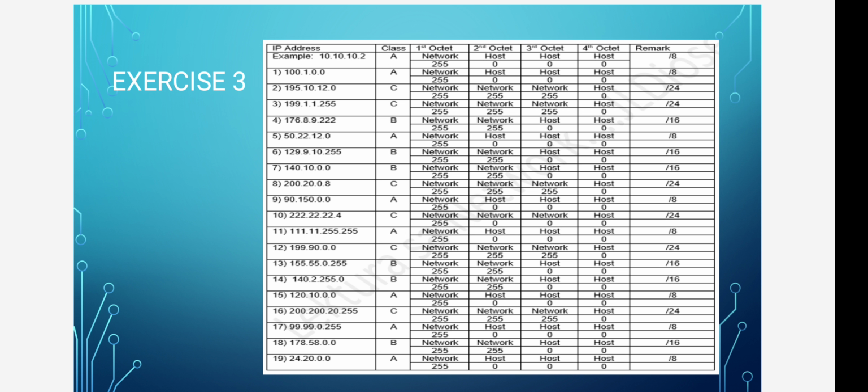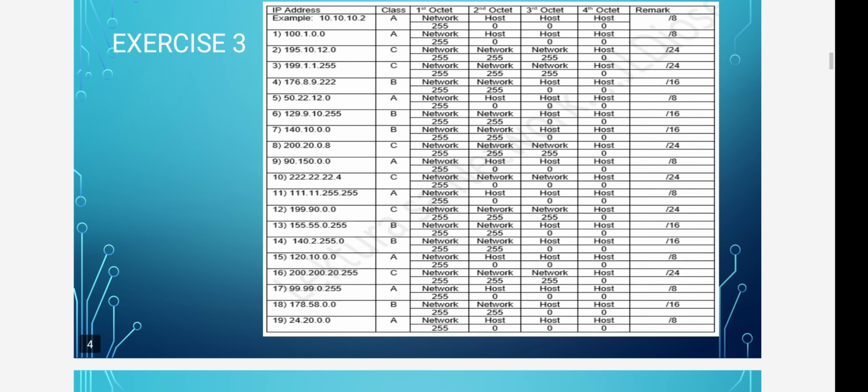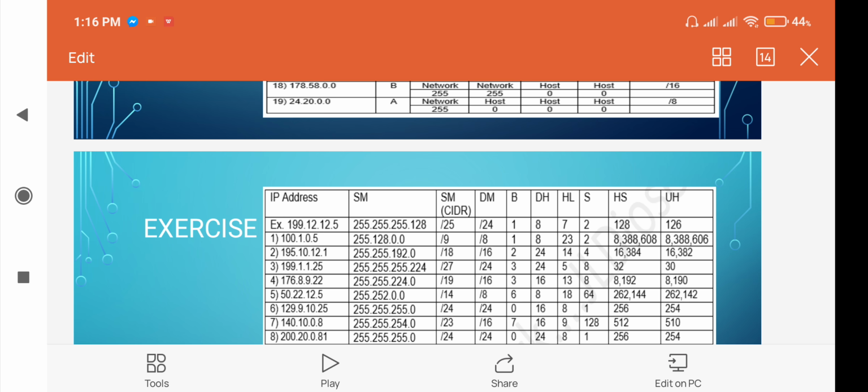And for class B, we have 255.255.0.0, and it is /16 as the default mask. And for class C, we have 255.255.255.0 as the default mask, and it is /24 because it is the default mask for class C. As we go on, let's go to exercise 4.